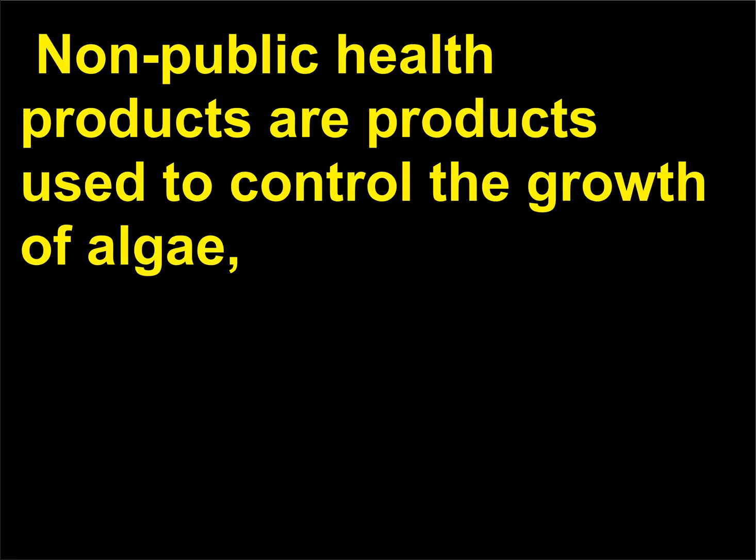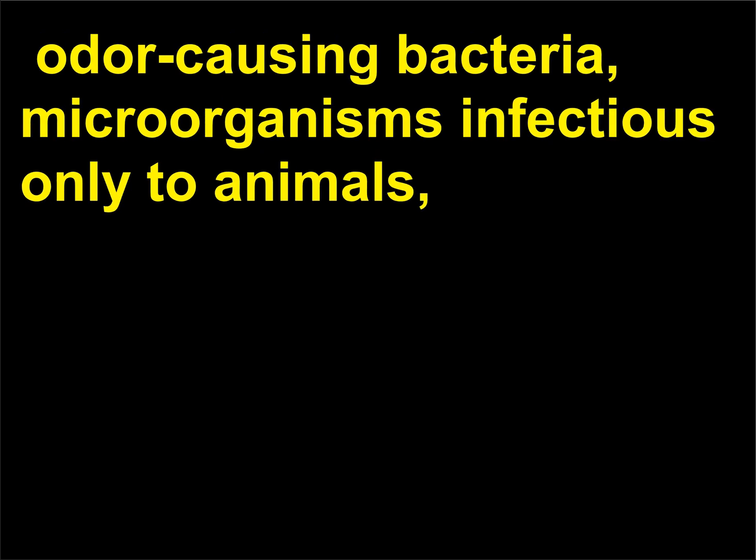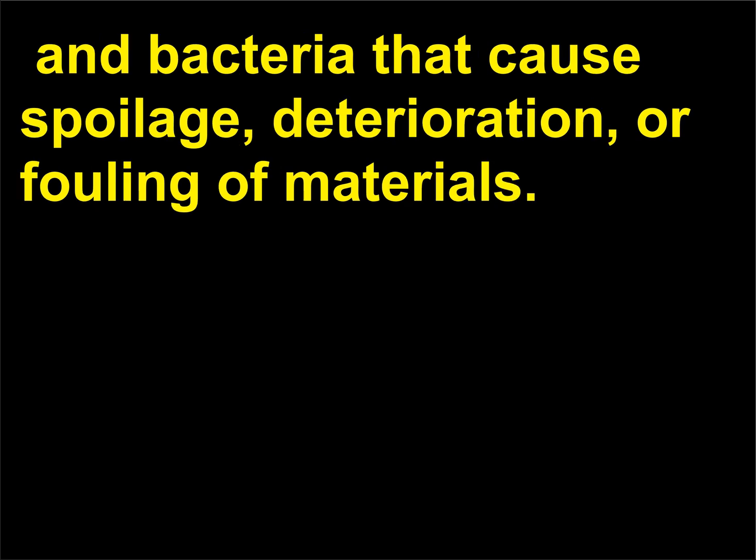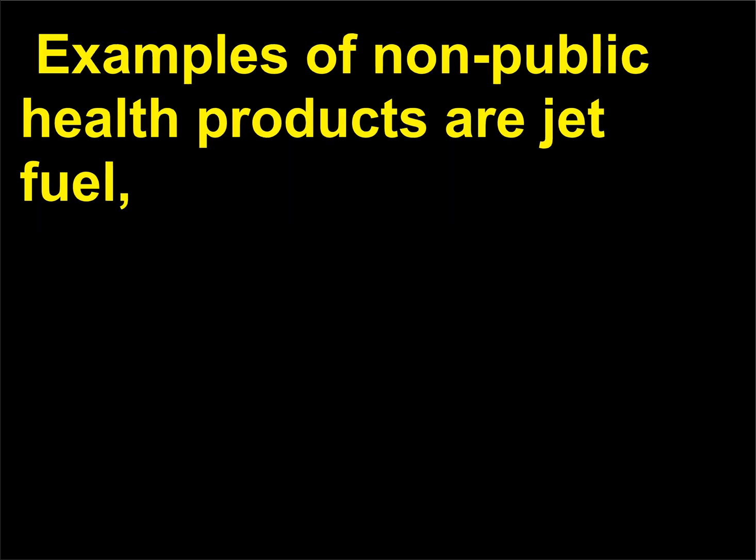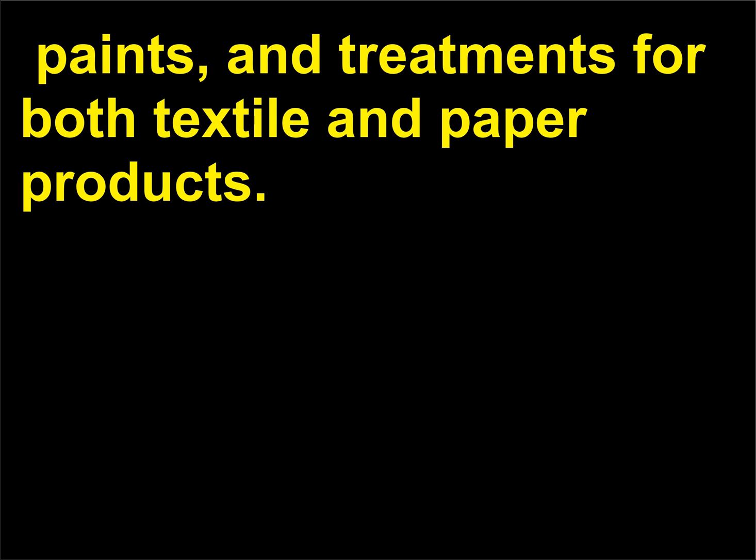Non-public health products are products used to control the growth of algae, odor-causing bacteria, microorganisms infectious only to animals, and bacteria that cause spoilage, deterioration, or fouling of materials. Examples of non-public health products are jet fuel, paints, and treatments for both textile and paper products.